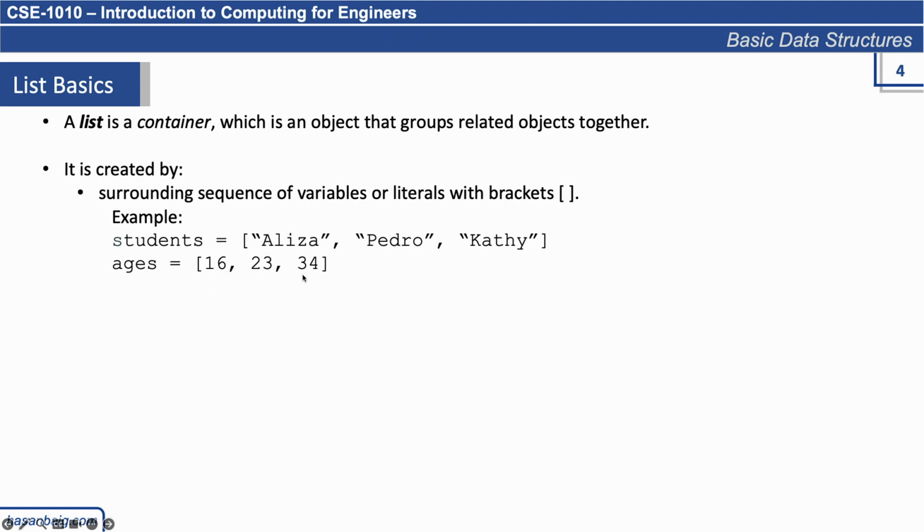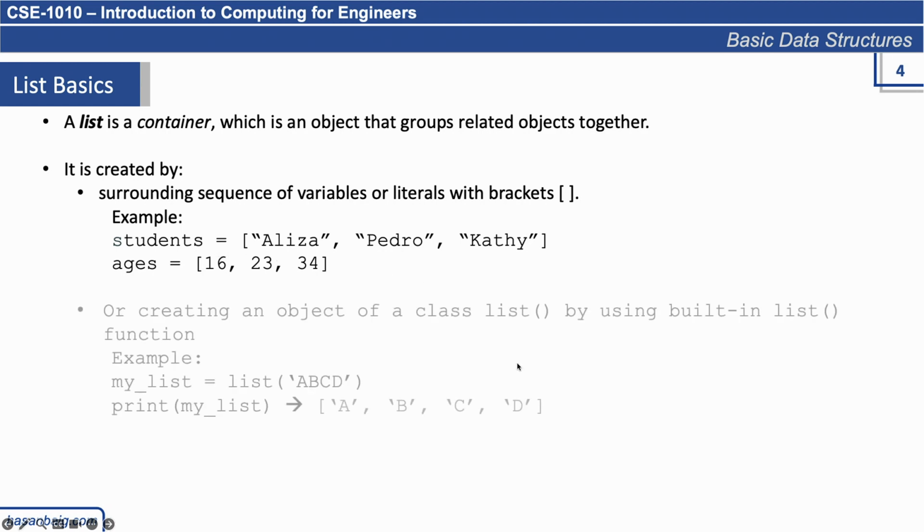We may associate, hypothetically, that the first age belongs to the first student in this list. So it may not necessarily be that we have to have the same data type elements in the list. We can have different data types. Like I can also have an integer value, or a floating point value, in the same list named students.